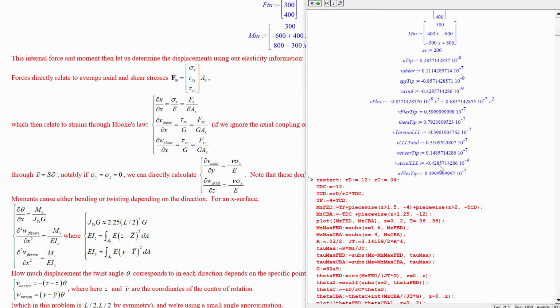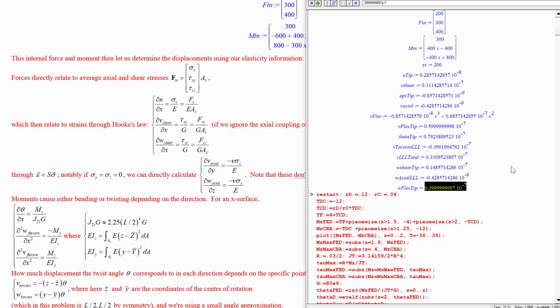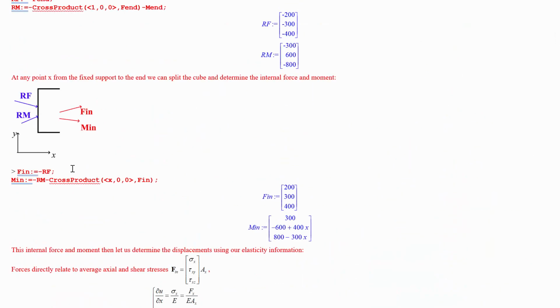And yeah, so again, the flexure is pretty prominent, but we had different moments in Z than we had in Y. So it's not as strong as it was in Y. What about the torsion? The torsion should be the same size, but from this twisting moment, we're actually going to be moving in positive Z at the tip.